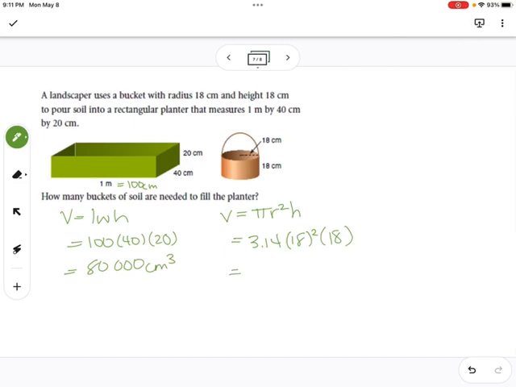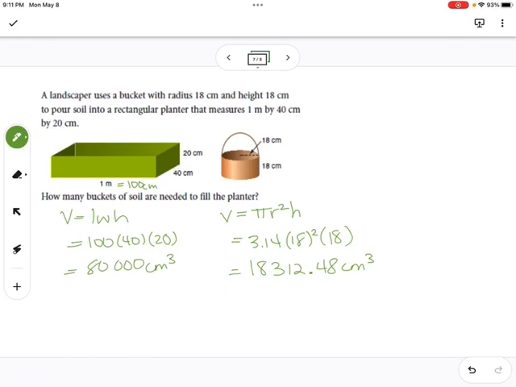Order of operations, you need to do the exponents first, so 18 squared, and multiplying by 3.14 and by 18, and we get 18,312.48 centimeters cubed.